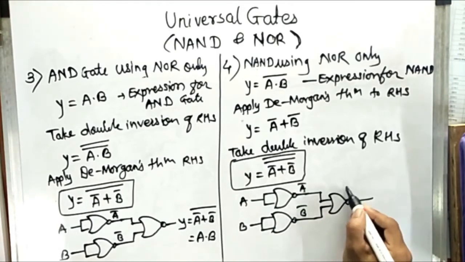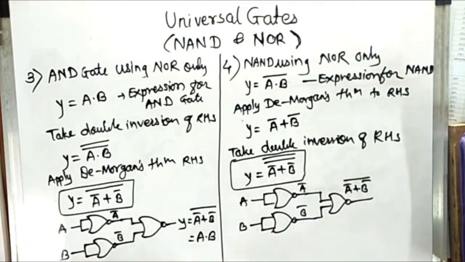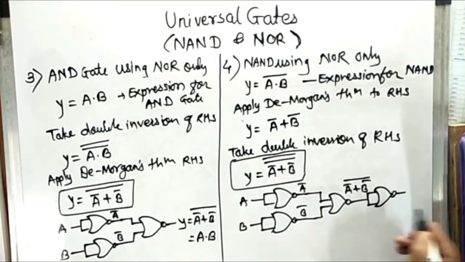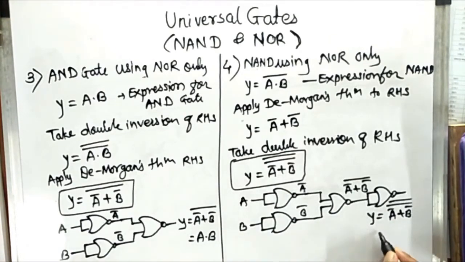Here we get A complement or B complement whole complement. To get this outer complement, again we have to use one NOT gate. So at the output we get A complement or B complement, its double complement, that is nothing but A and B complement. So in this way we can construct a NAND gate using NOR only.